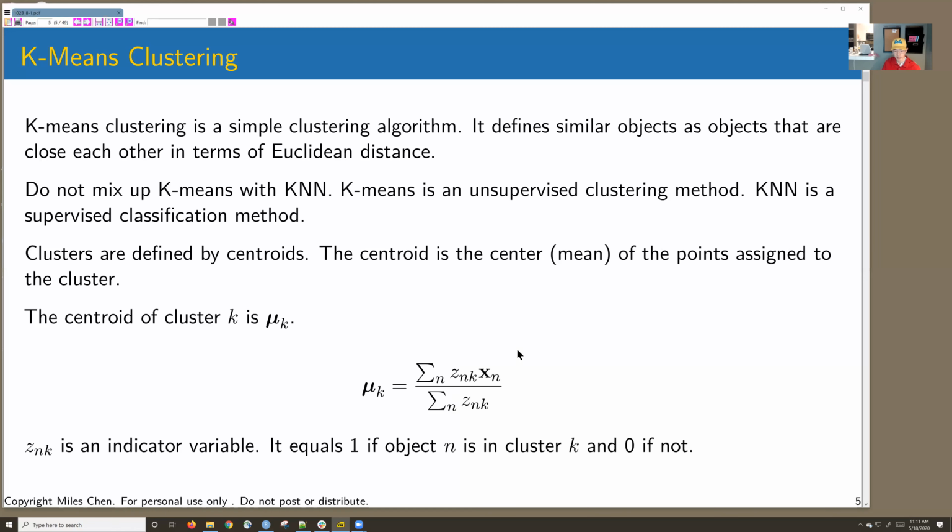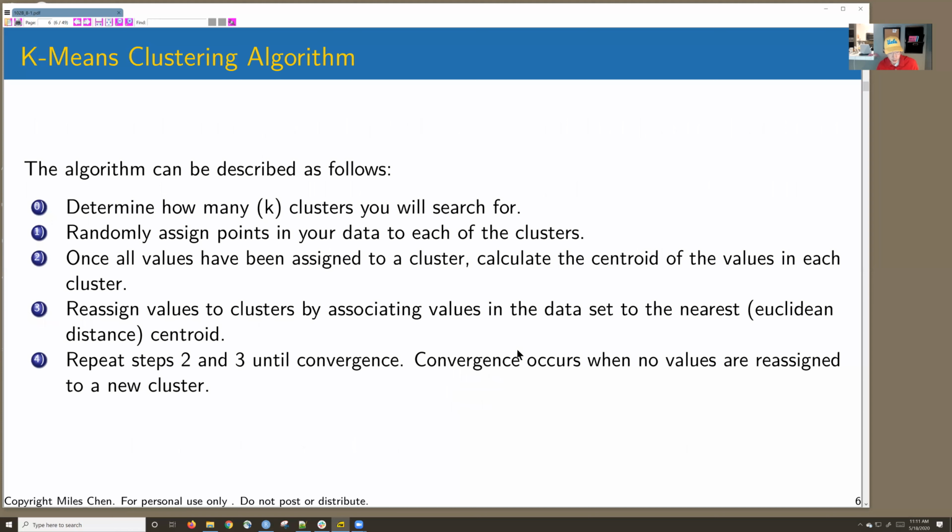So this is what we have. When you run the algorithm, it's going to look like this. Step 0 is you have to decide how many clusters you're going to look for. You need to do that before you run your algorithm.